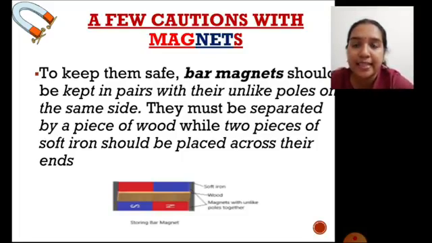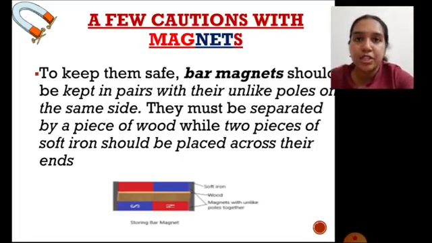Here you can see in the image. Both these bar magnets need to be separated by a piece of wood, and two soft iron pieces should be placed across their ends as you see here in the image. So this is the way you keep the bar magnets safe.